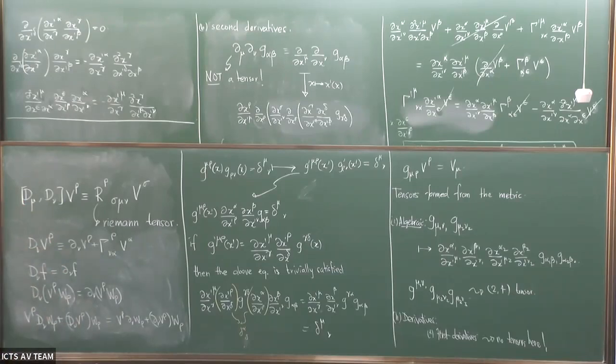Does this make sense? Yes, no, maybe? This argument? Okay, let me do it. Here I'm saying that we want to know this. We don't know how the covariant derivative acts on a lower index object, and that's what I want to find out. But I know what the covariant derivative on an upper index object is. That's just this.